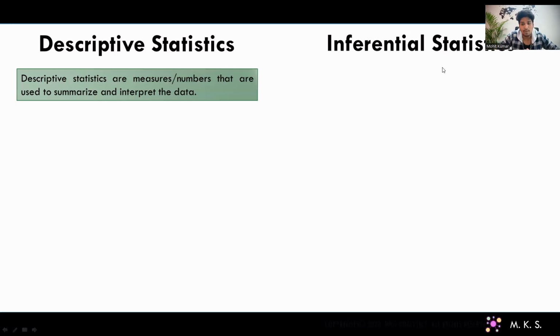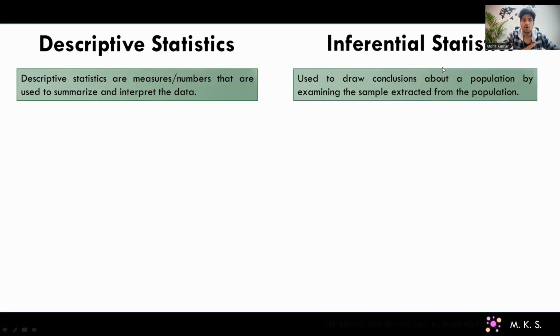Now, when we talk about inferential statistics, it's a different type of statistical analysis altogether, guys. From the name itself, inferential means we are trying to infer, we are trying to extract or predict something, right?